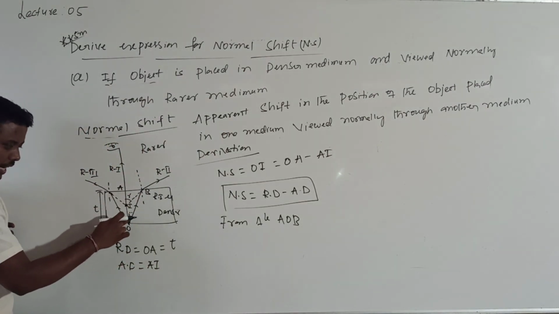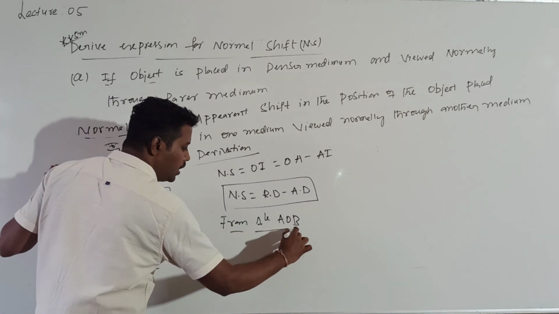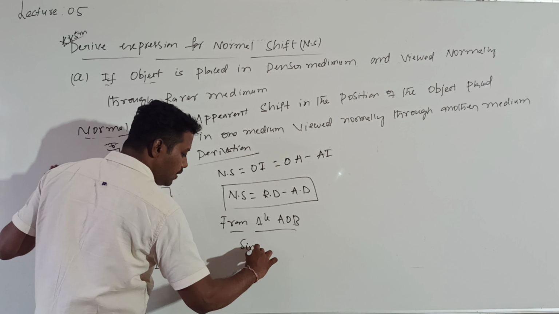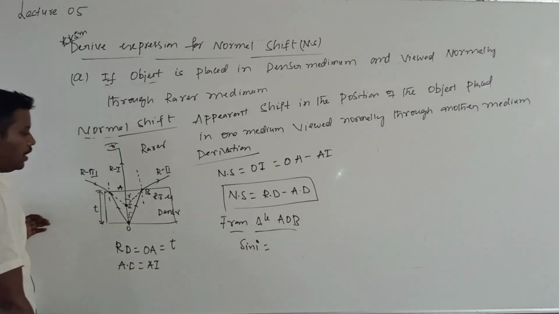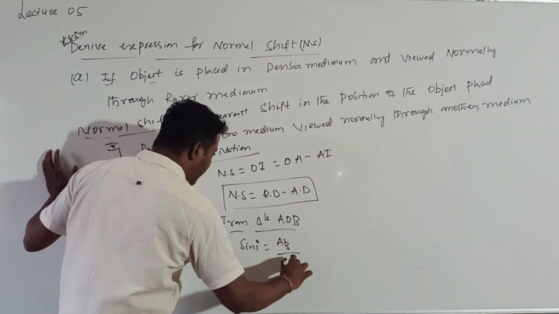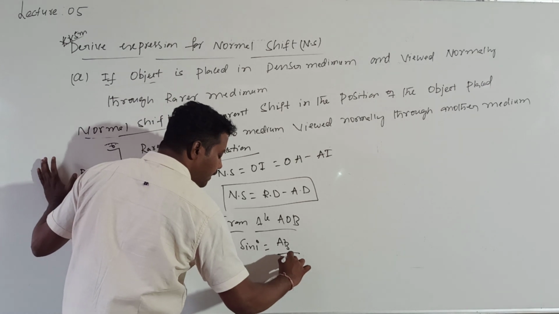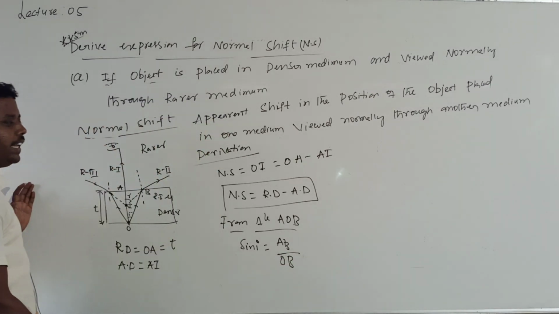The angle at O is i. So sin i is equal to the opposite side AB divided by the hypotenuse OB.